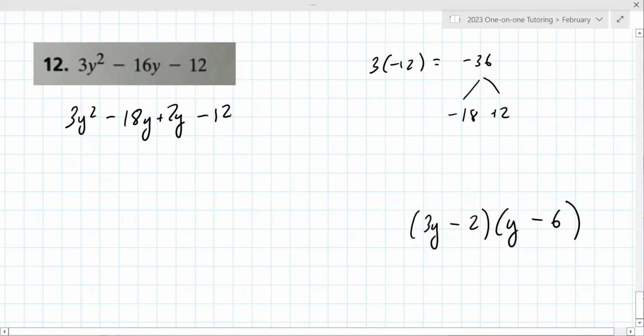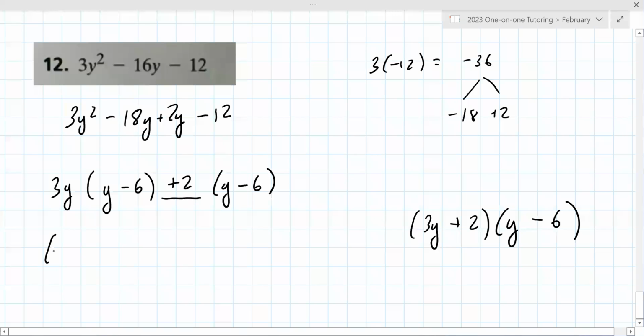Okay. So 3y definitely comes out. So it's y minus 6, but this time looks like it's +2 that goes in there, not -2. So just a small little change on your answers there.